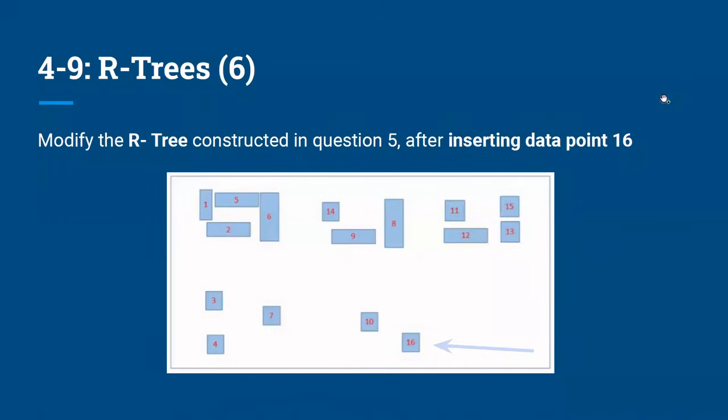And with exercise number 6, another insertion of another data point, which is 16, which we can see right there. Would the tree stay as we had it in exercise number 5 and exercise number 4, or will it need to be changed? We'll see.